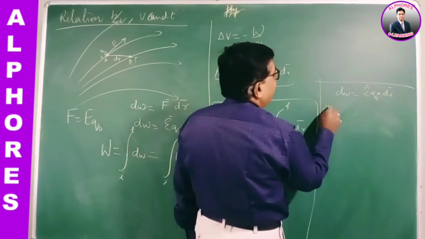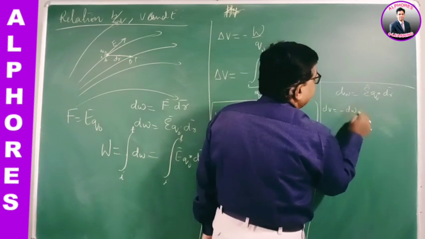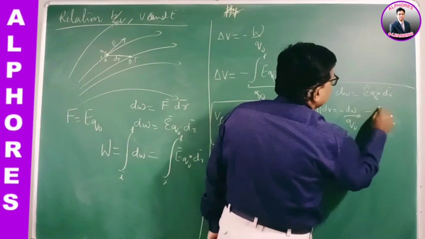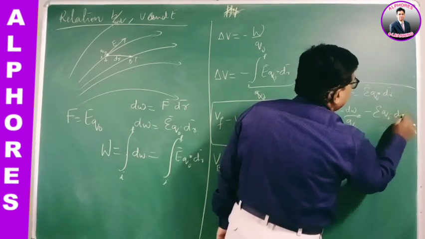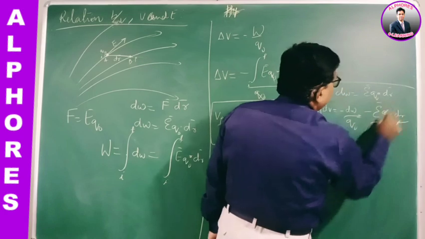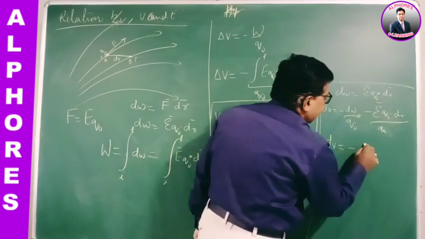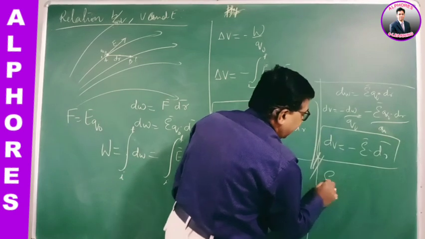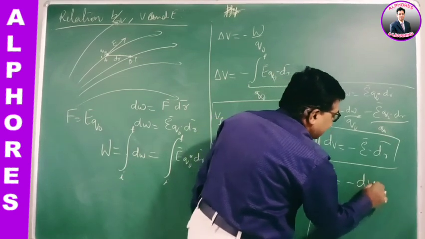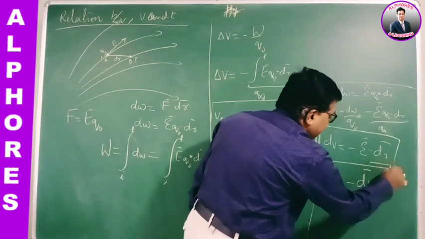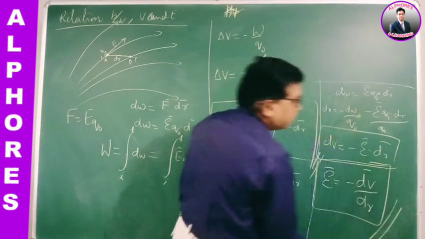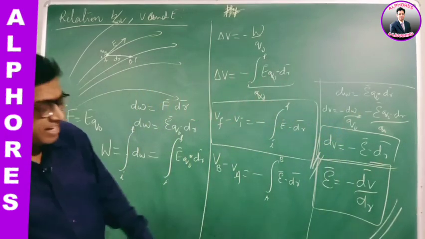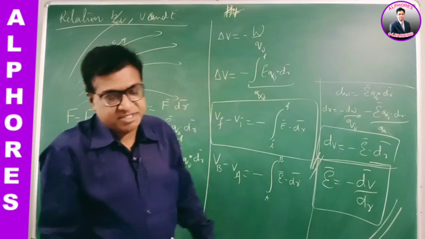Then the small potential difference is minus dW by Q0, so it's minus EQ0 dot dr by Q0. Well, dV is minus E dot dr, or E can be represented as minus dV by dr. This is the relation between the electric field intensity and electric potential difference.